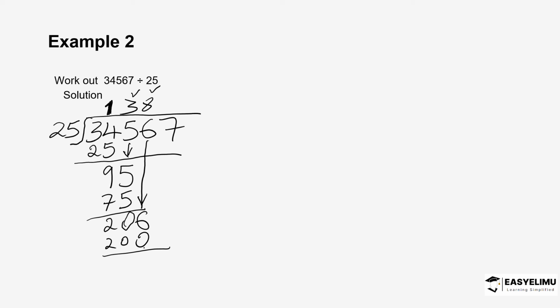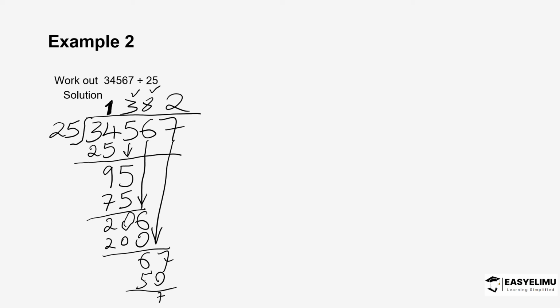So if you subtract, we have 6. And then now you drop again 7, you drop it down here. And you ask yourself again, 25 goes into 67 how many times? You realize that it is 2 times. And 2 by 25 is 50. And if you subtract, 7 minus 0 is 7.